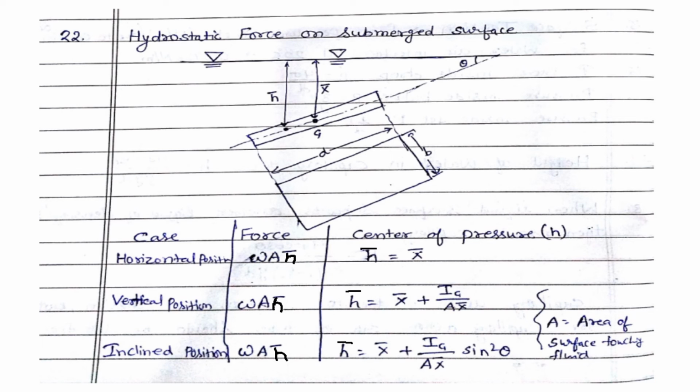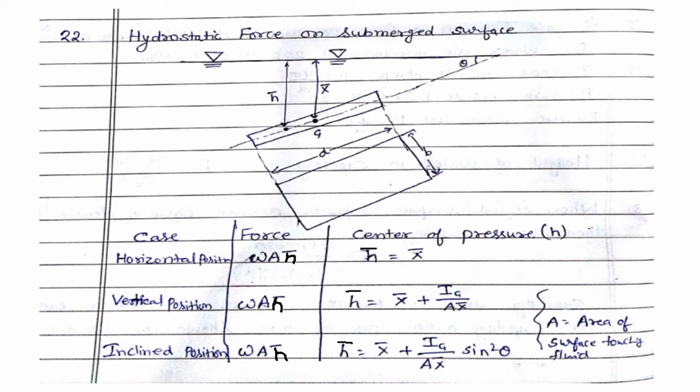Now the hydrostatic forces on submerged surfaces. If a surface is inside the liquid, then a hydrostatic force acts through a point that is known as the center of pressure, and the value of force is rho g A h bar, where h bar is equal to x bar, the distance of the center of gravity from the free surface of liquid, if the plate is horizontal.